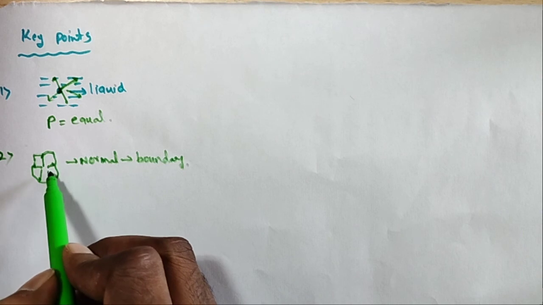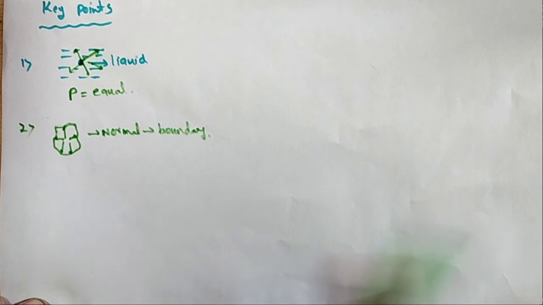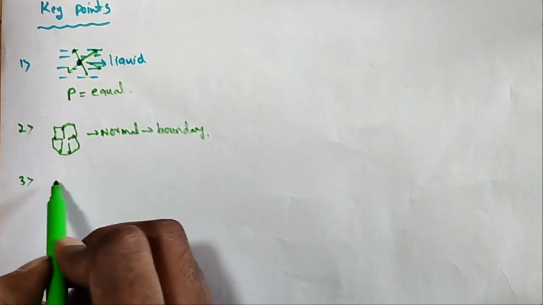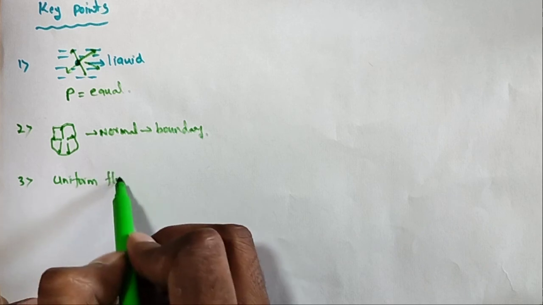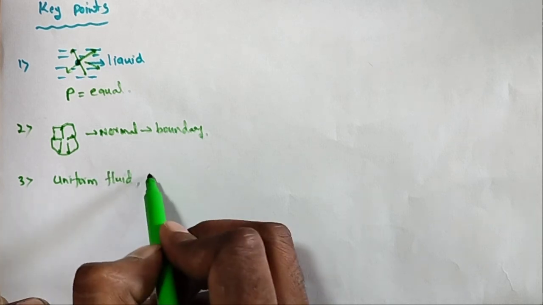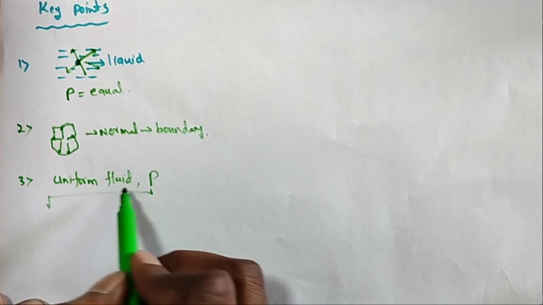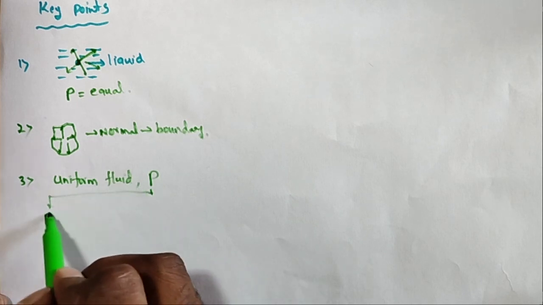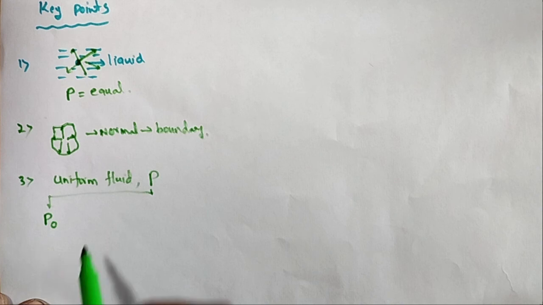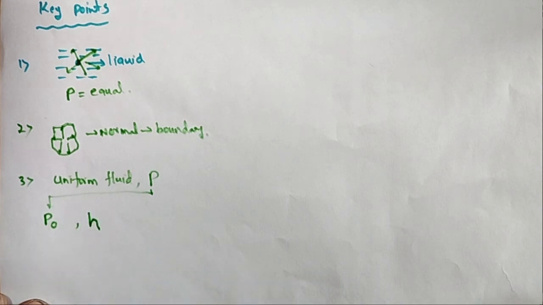Okay, this is static fluids, so there are no tangential forces. And the third point: in a uniform fluid, meaning constant density, the pressure depends on P naught, the atmospheric pressure, and on the depth of the desired point below the free surface.